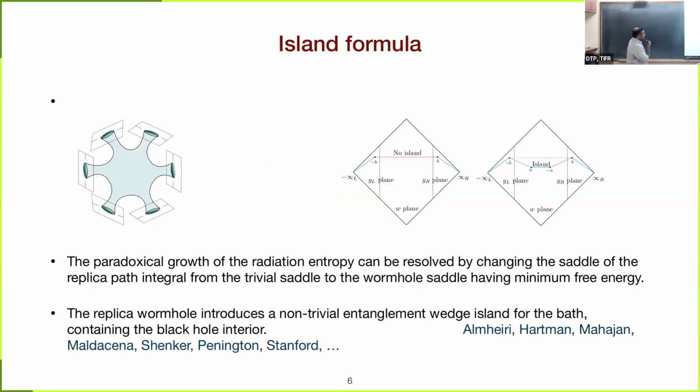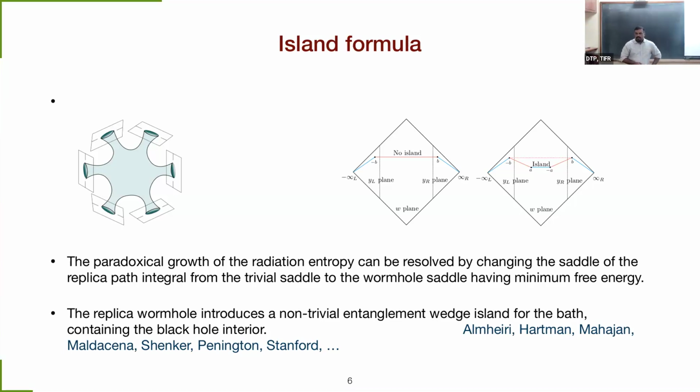So the replica wormhole introduces a non-trivial entanglement island for the bath, which contains the black hole interior. But just to say, this is like standard entanglement wedge reconstruction, right? It's not like something new. Right. In entanglement wedge reconstruction, the story is that you pick some boundary region and you look at its extremal surface. Then everything is subtended within the domain of dependence.